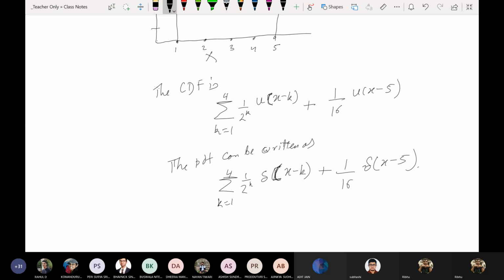Fine. So this is how we write the PDF of a discrete random variable.